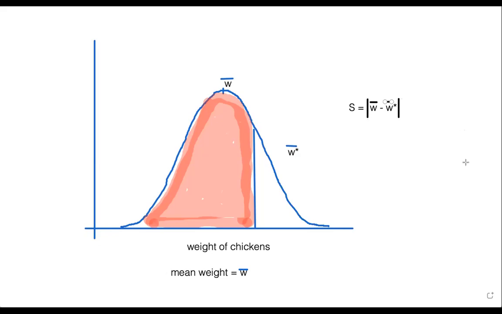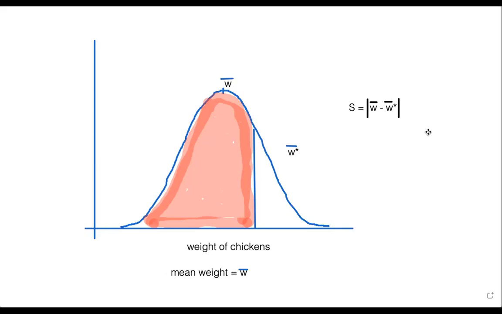To calculate the selection differential, I take the average trait value in the population before selecting, and then I do my selection and decide which chickens will live and which ones will breed and which ones will get shipped right off to Springdale and turned into consumer products. And I take the absolute value of the difference in trait averages between the population before selection, which is W bar, and the population after selection, which is W bar star.